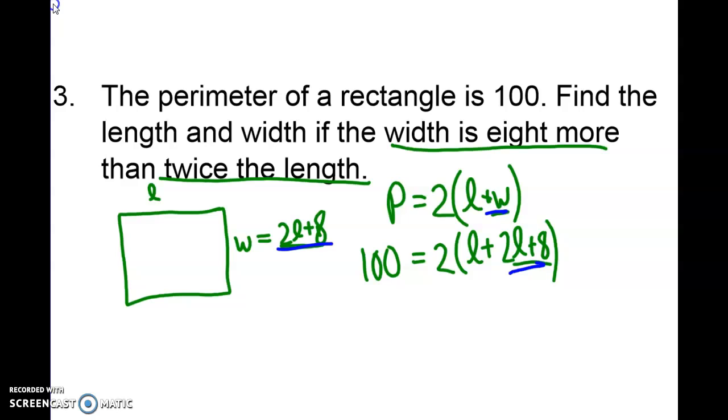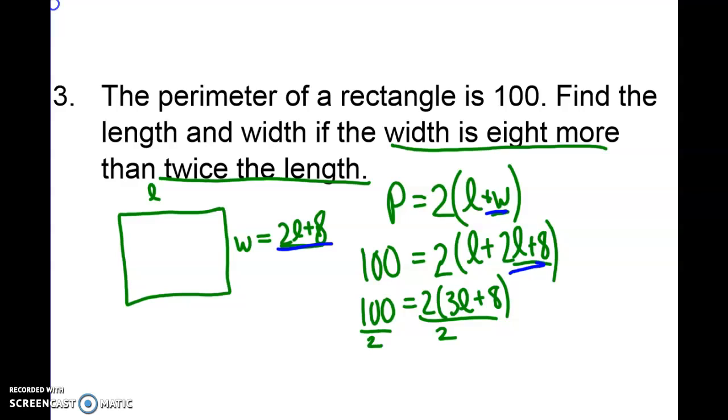Now I combine some like terms. 100 is equal to 2 times 3L plus 8. Now I'm not distributing because I'm just going to divide both sides by 2.